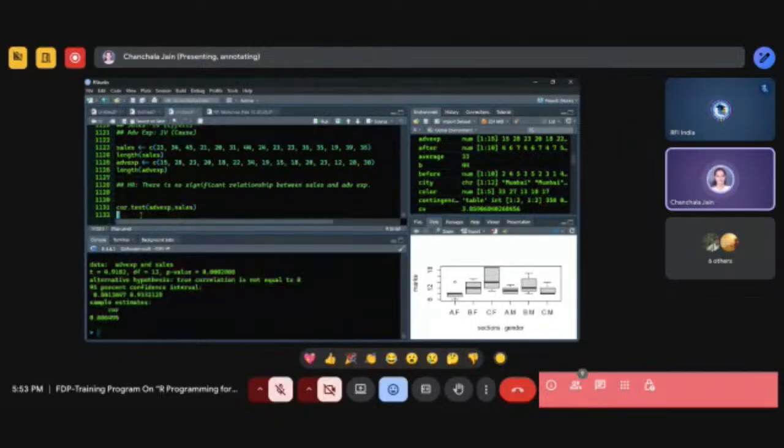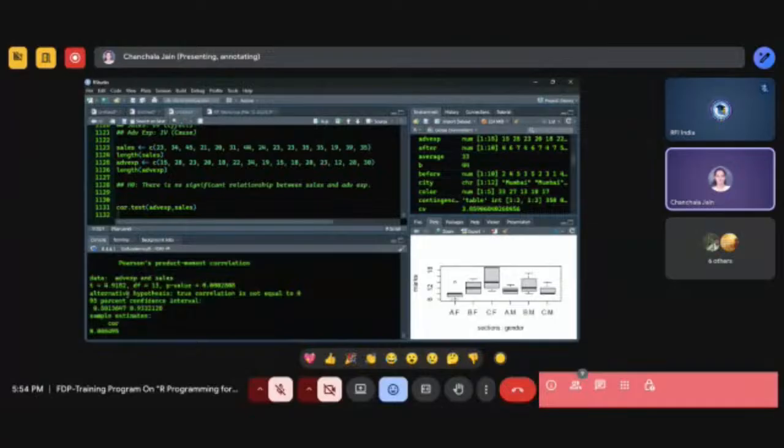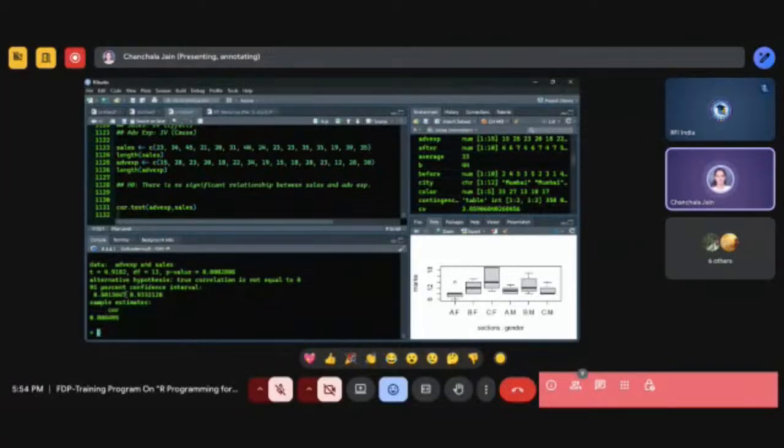I hope you can see in the console window we are getting the output. At the last line of the output you can see cor, which is indicating 0.8060, right?